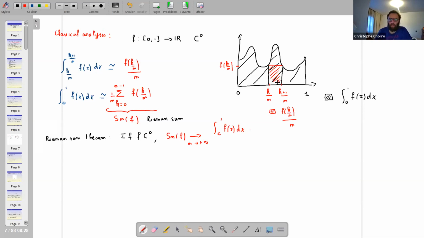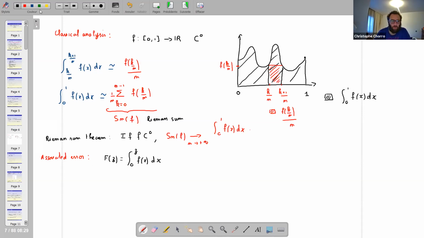Now we are going to be interested in the error we make when we use this approximation for this integral, so the associated error. We are going to consider the primitive of small f.